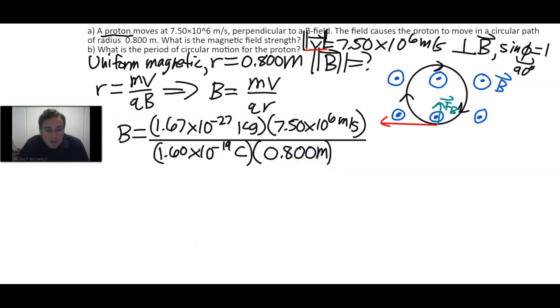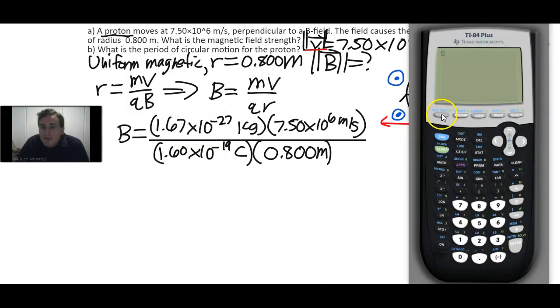Okay, so let us perform this calculation. I'll do the numerator over denominator: 1.67 times 10 to the minus 27th, that's the mass, multiplied by the velocity, 7.5 times 10 to the 6th, then arrow down to 1.6 times 10 to the minus 19th times 0.8.